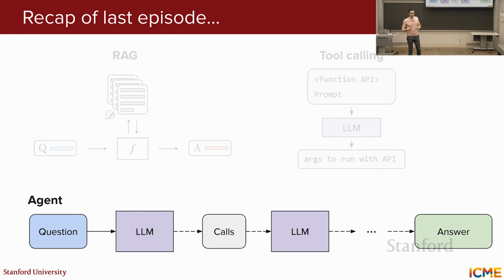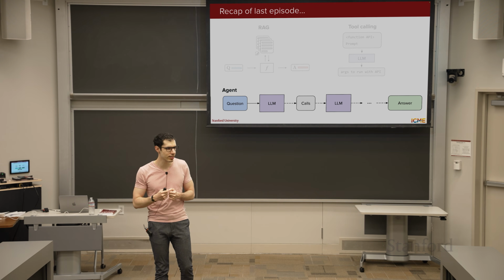And then we also saw what agentic workflows were composed of. So spoiler alert, it is something that is a combination of the two previous methods, so RAG and tool calling. And in particular, given an input, we're allowing our model to make multiple calls, to call different tools, to fetch relevant data from other knowledge bases.